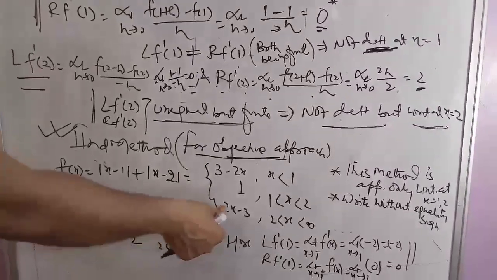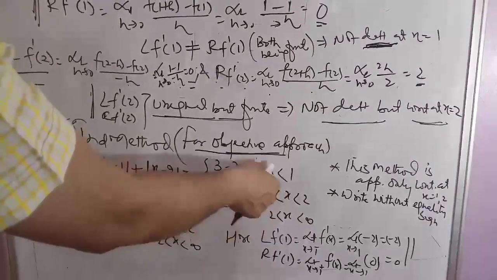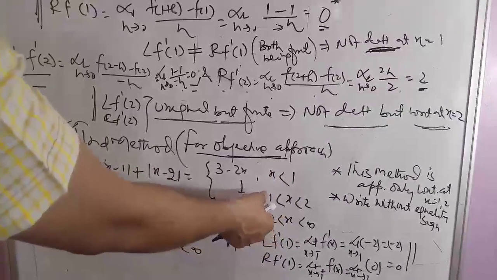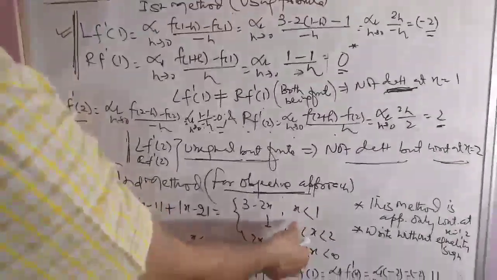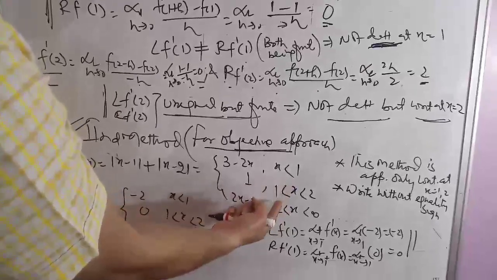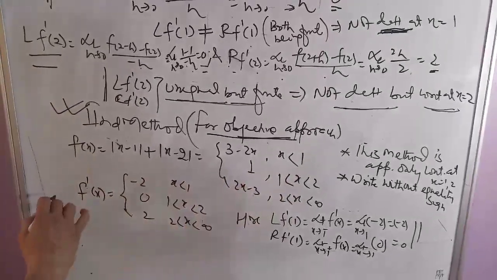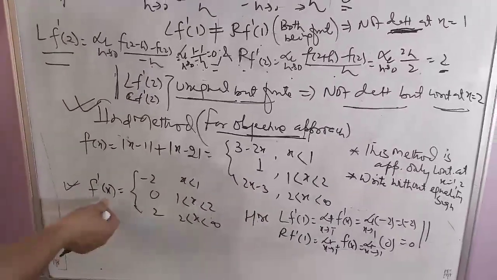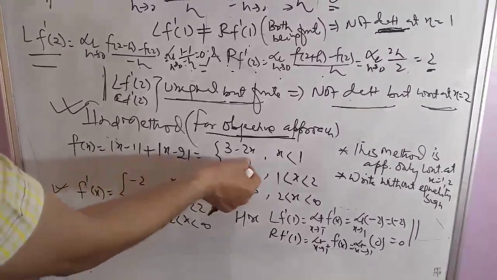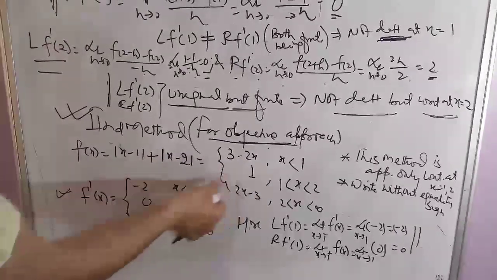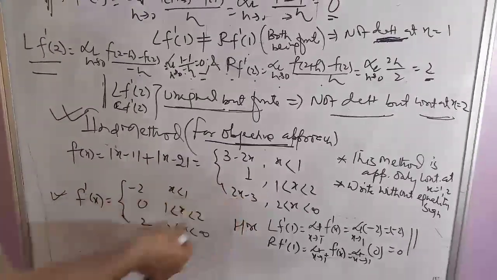Second, this method is applicable only when the function is continuous. We have already checked above that the function is continuous at the change points 1 and 2. So we simply differentiate each side. f dash x is the differentiation of this expression, minus 2, differentiation of 1 is 0, and differentiation of this is 2.